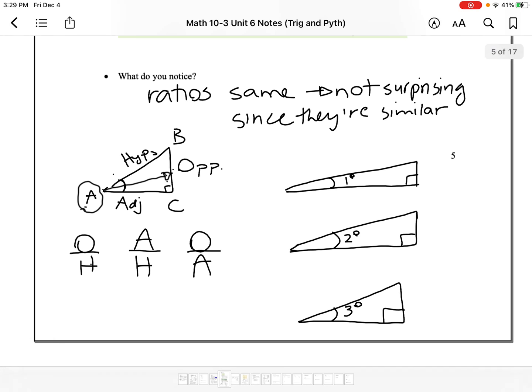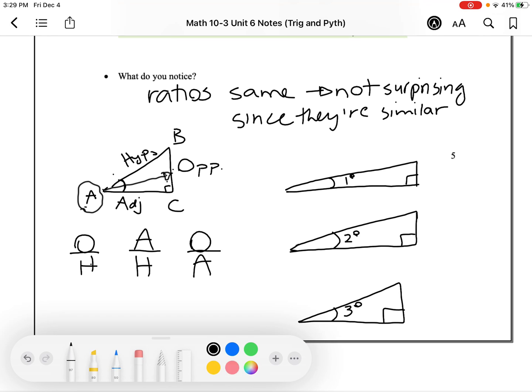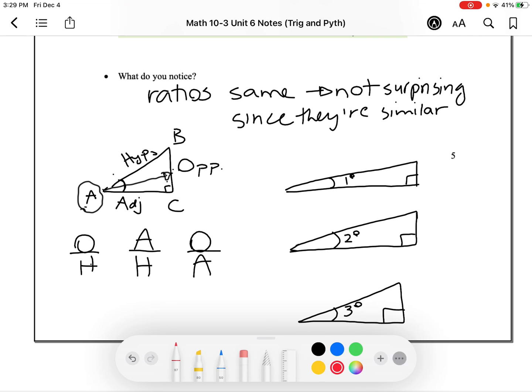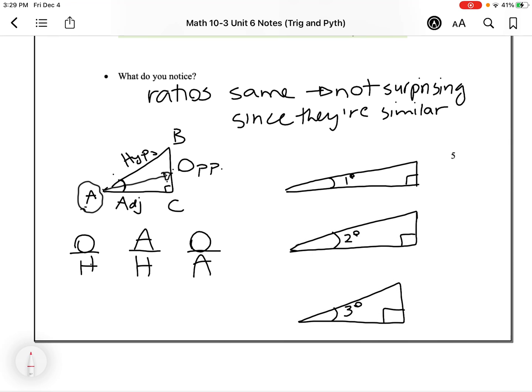Now these labels of opposite and adjacent depend on the angle that you're looking at. If instead I chose to look at angle B, I'm going to change my color to red.